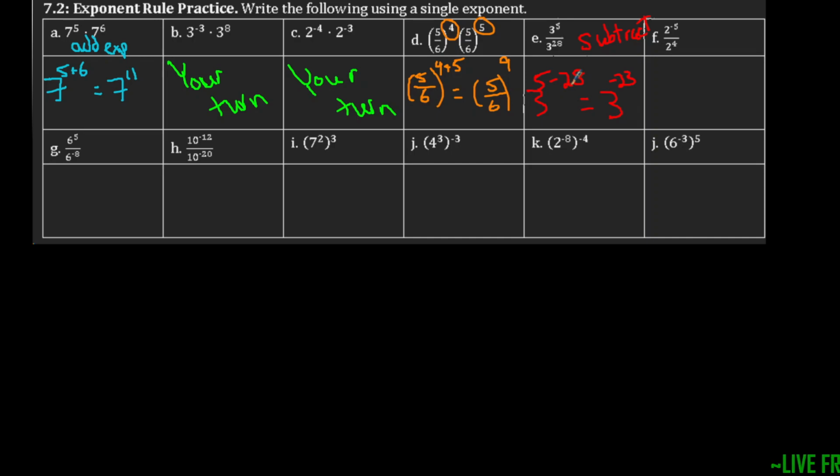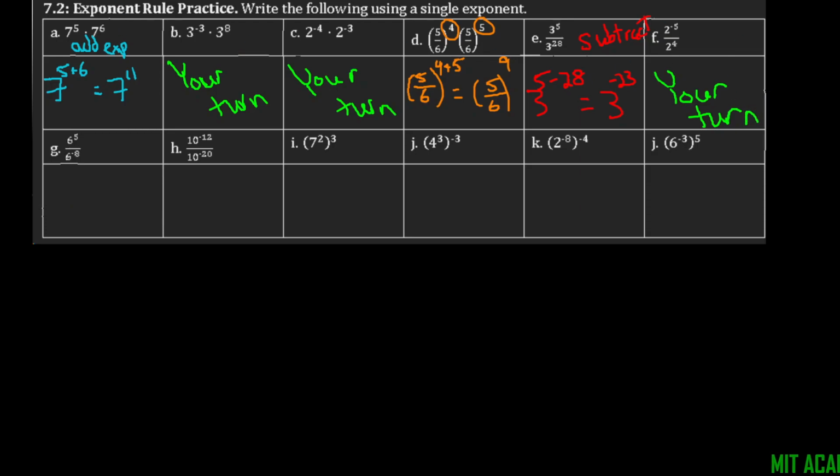Now use that same idea. The next two are your turn. Be careful on this one though, because again, we're still subtracting exponents. Let me write that in on that one, your turn.